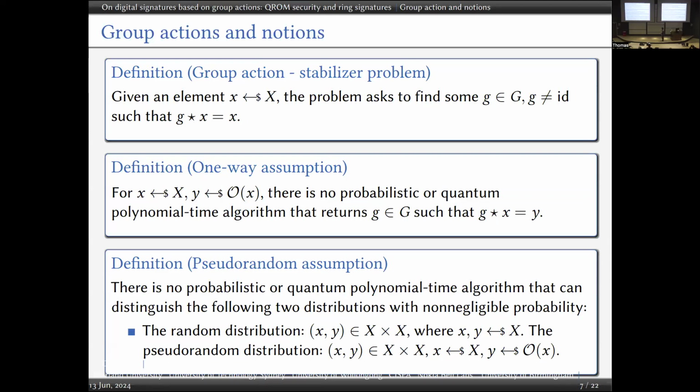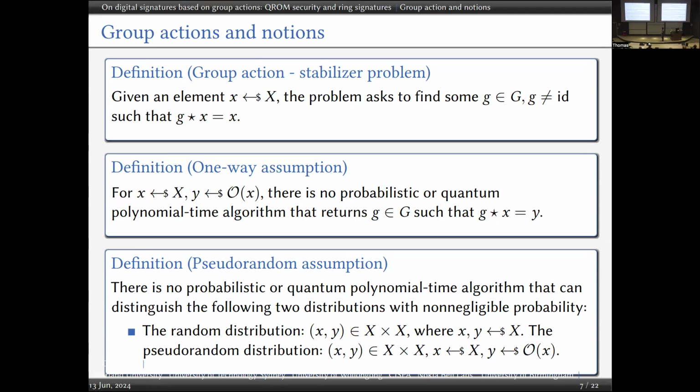For the cryptographic assumptions, we can define the one-way assumption and the pseudo-random assumption. For one-way, we randomly sample X and randomly sample Y in the same orbit of X, and we assume no polynomial time algorithm can return a group element G which sends X to Y.